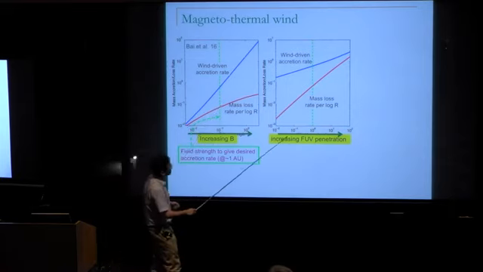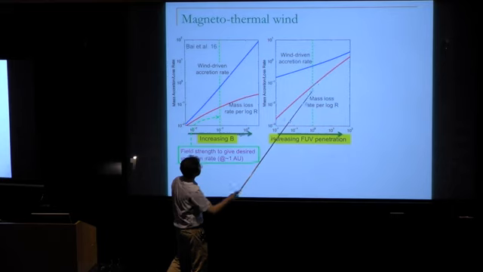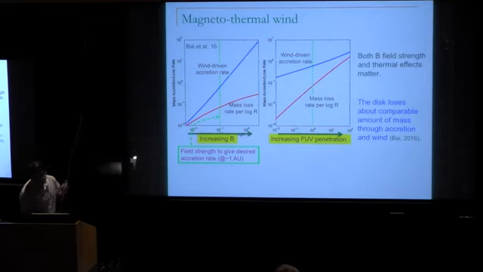On the other hand, if you increase the far UV, here parameterized by far UV penetration depth, the wind-driven accretion rate increases, and the mass loss rate also increases, but a lot faster. So both magnetic field strength and thermal effects matter. And so we call this magnetothermal wind on purpose. We just try to marry the 2 processes.